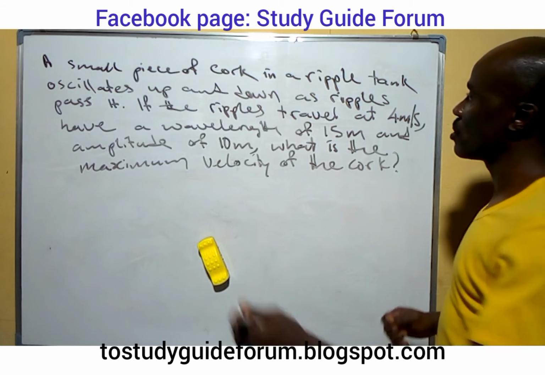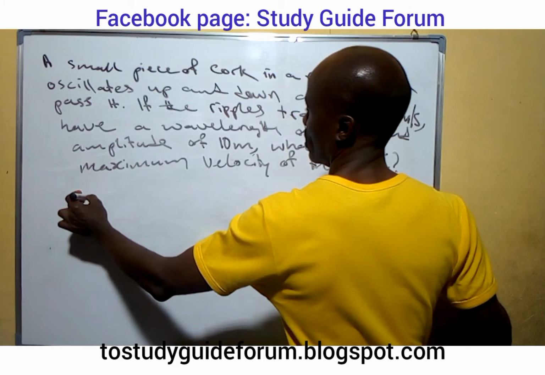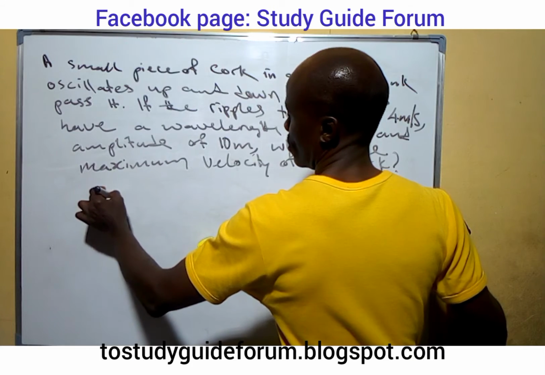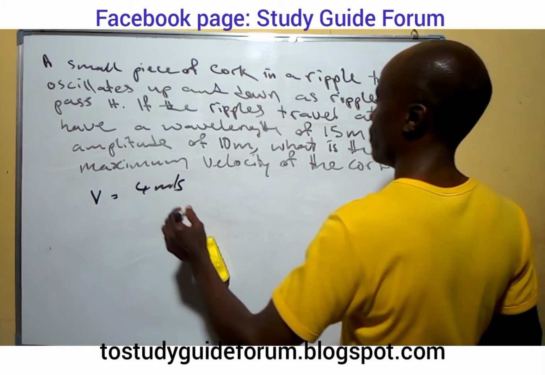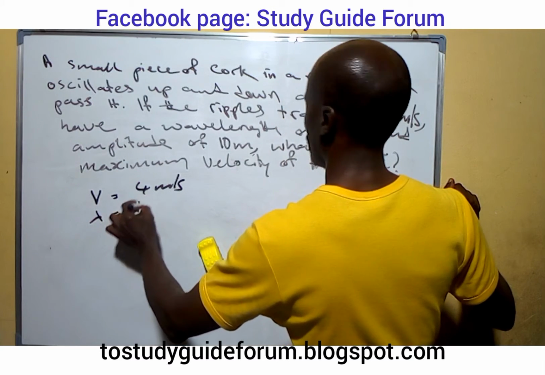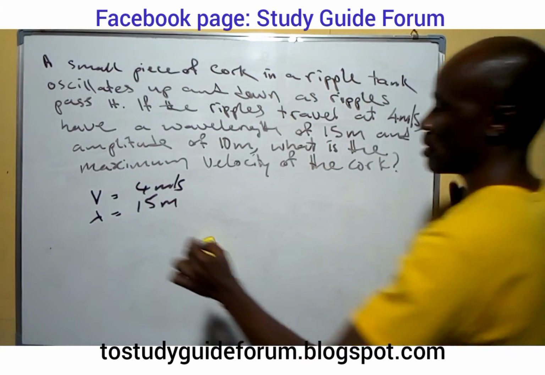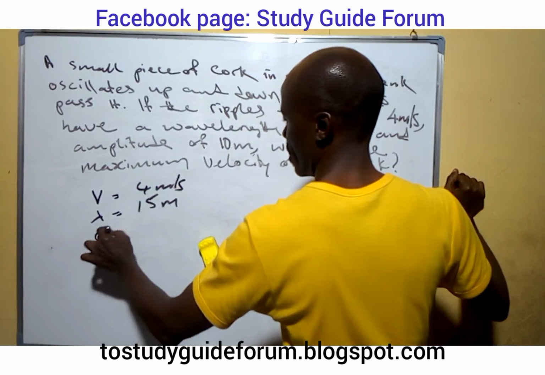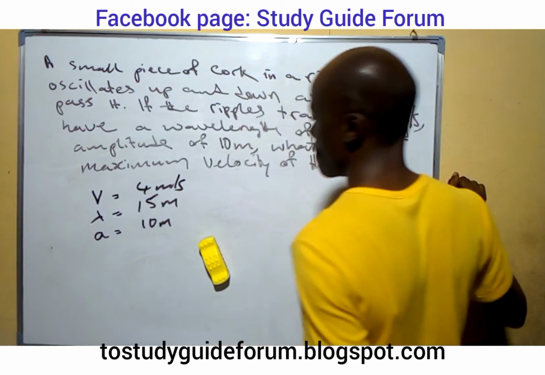So the information we have here: the first one is the velocity. Then we have our wavelength, which is 15 meter. The next one is amplitude, which is normally represented by A, and we have it as 10 meter.